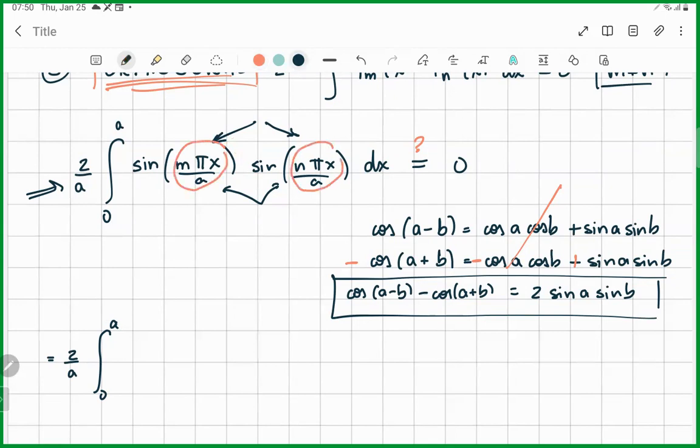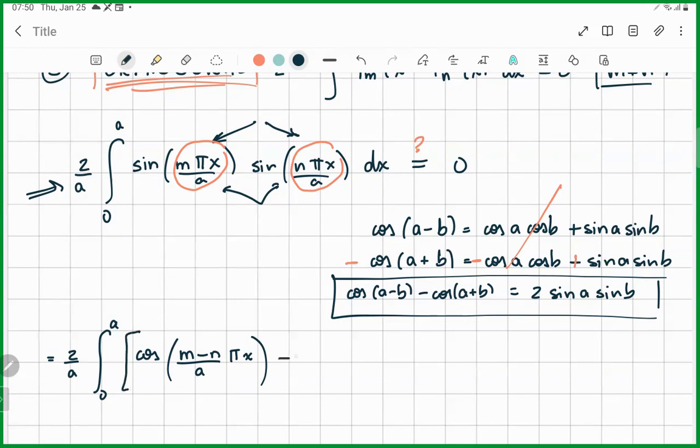So I'm going to write it as cosine of m minus n, and the rest is all things that they have in common, that is a, the pi and x. So if something is not clear, write it down yourself. Be sure that you understand all of these steps.